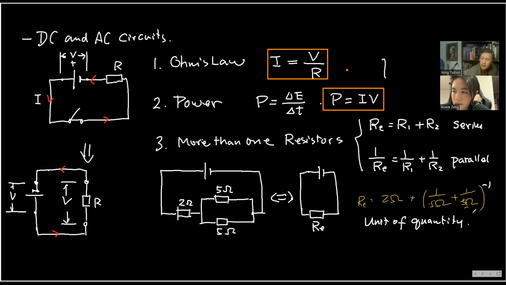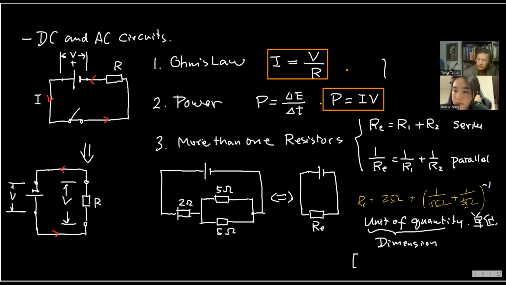Unit, okay, that's very important. This is also called the dimension. In physics, it's called the dimension of the unit. So how do I know your formula is wrong? Because of the unit.